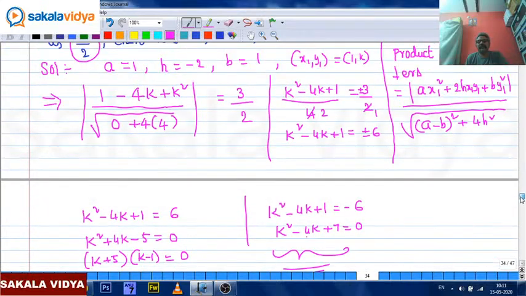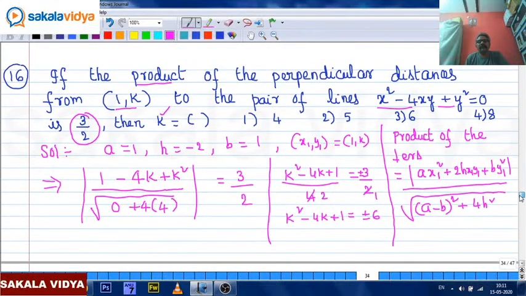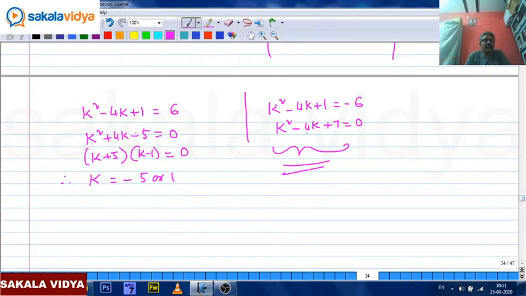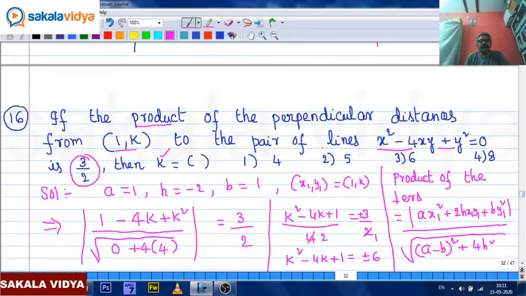K is equal to minus 5 and k is equal to, sorry, I did mistake here. This is minus 5, this is plus 1. This is plus 1, this is minus 1. Yes, k is equal to 5 is there. Second option is the right option.